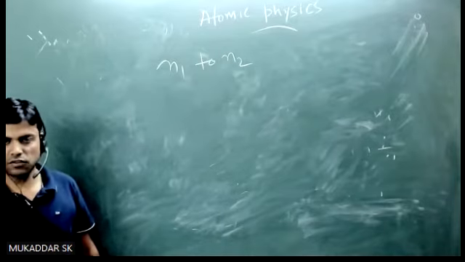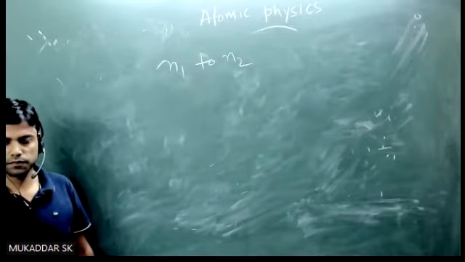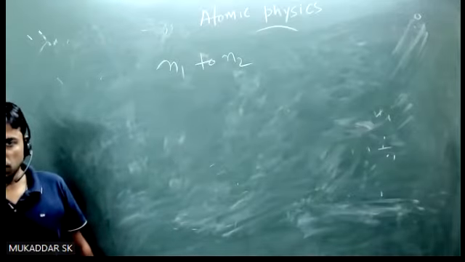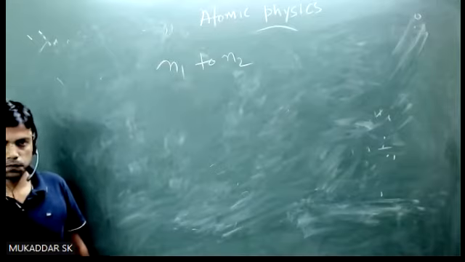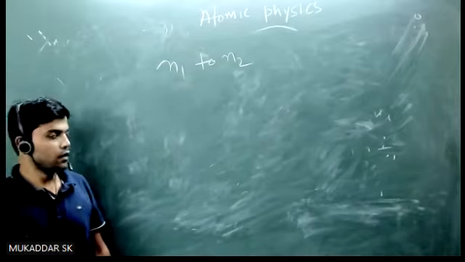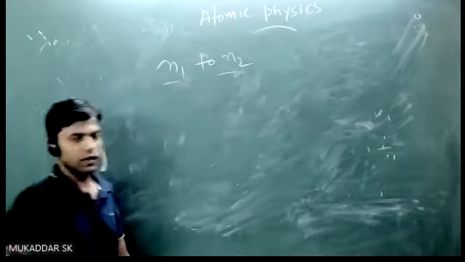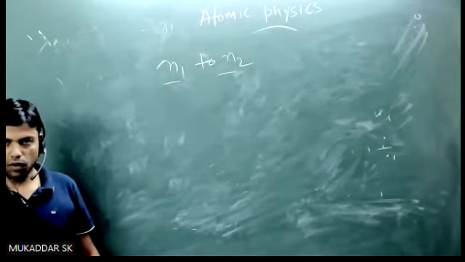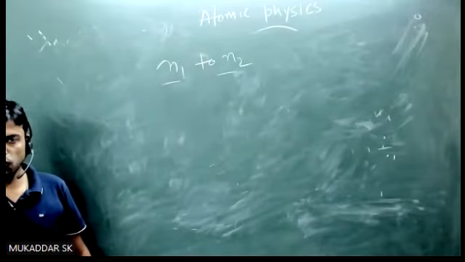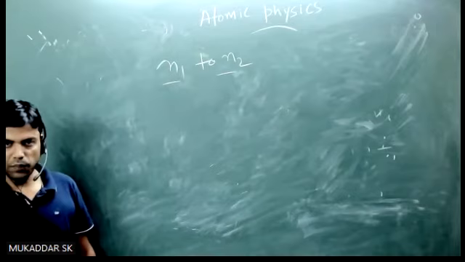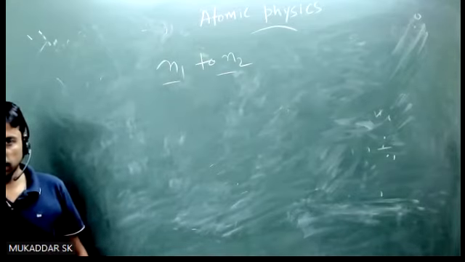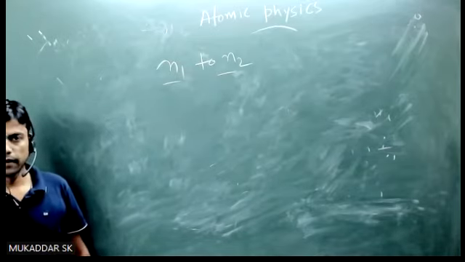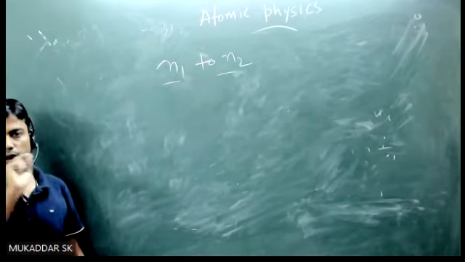If the time period of revolution of the electron in the initial orbit is 8 times the time period of revolution in the final orbit, then find the relation between n1 and n2, how they are dependent.